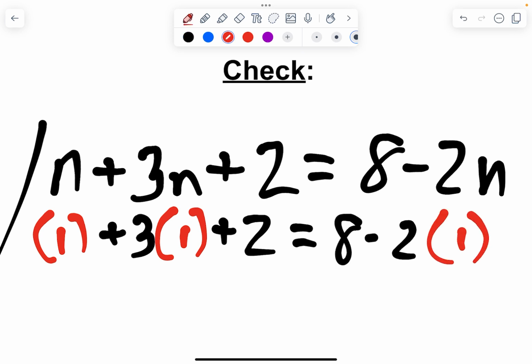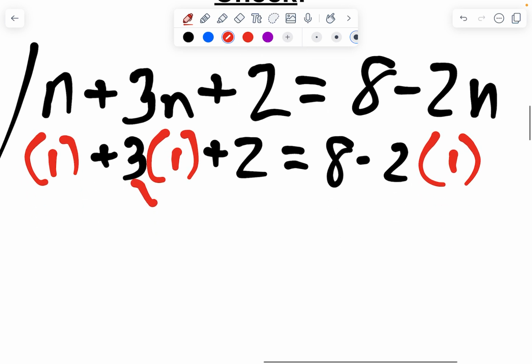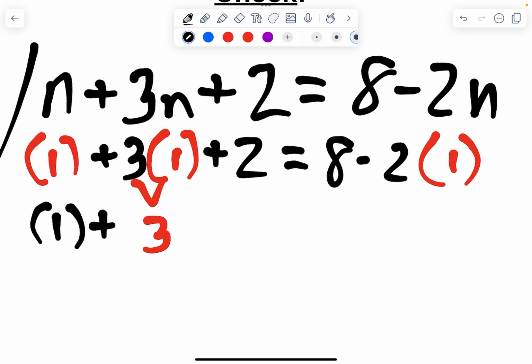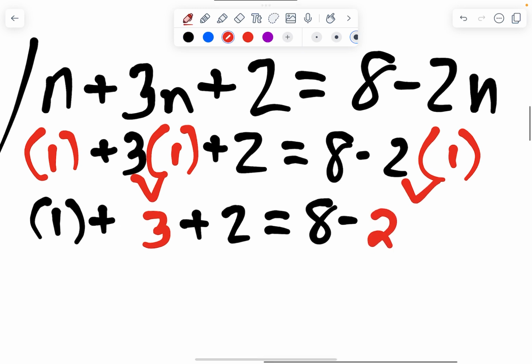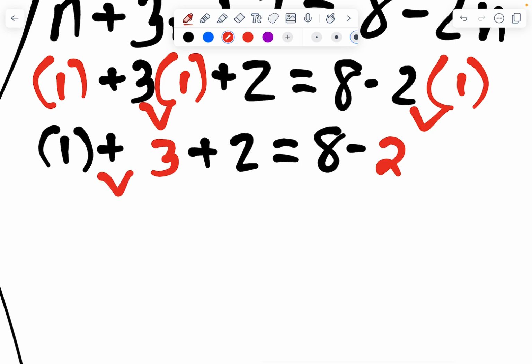Again, order of operations from left to right. So I'm going to do multiply here. And I'm going to put down all that other stuff. And I can also do order of operations on this side. And that's multiplication.